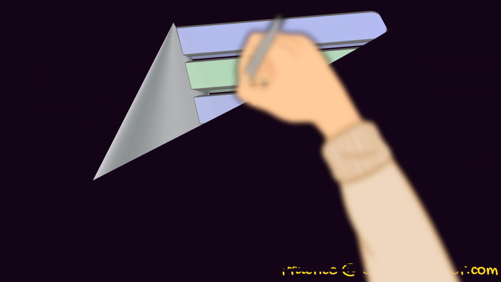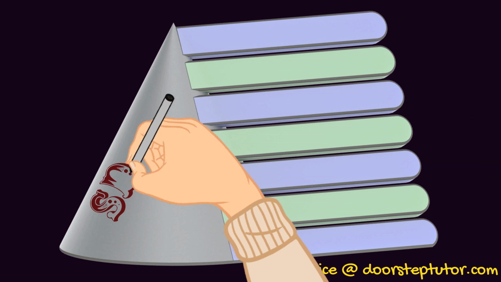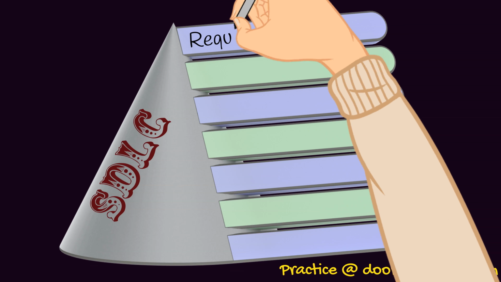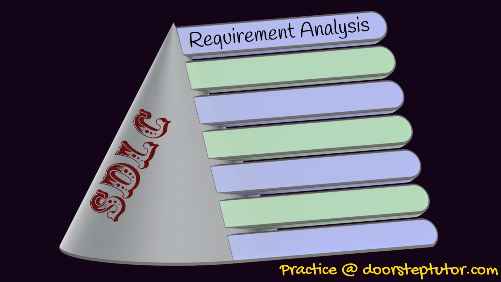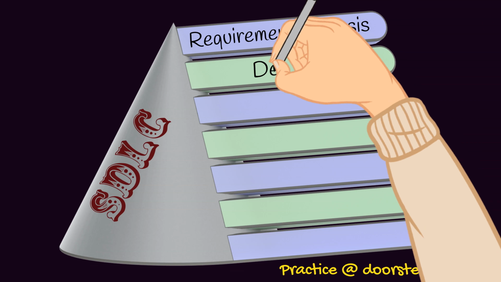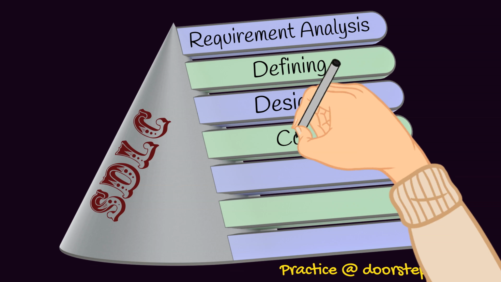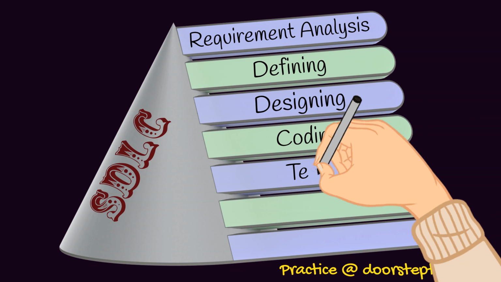So let's move to the next slide, in which we have one diagram containing various phases. I have mentioned the various phases overall. The first step is requirement analysis. Then it will be followed by defining, designing, then the coding part, the programming.